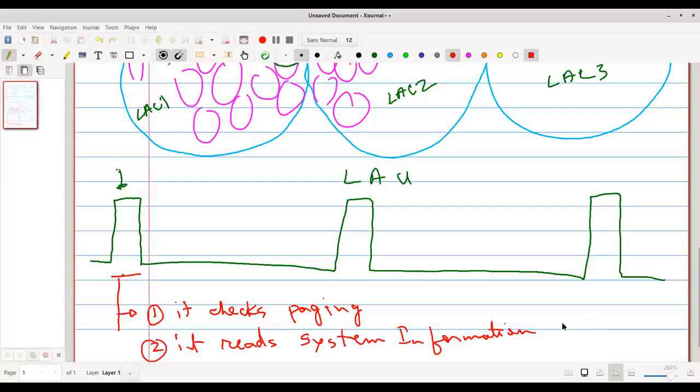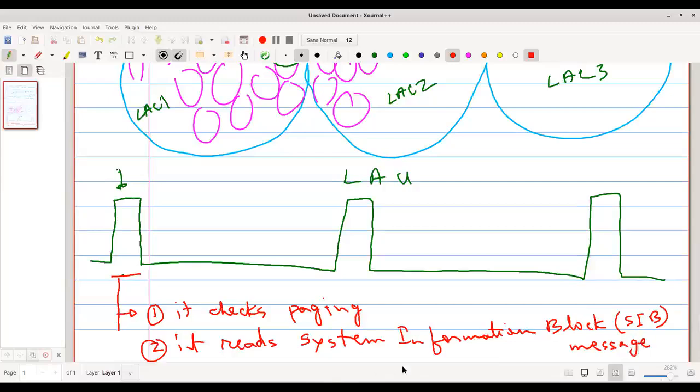These system information messages in LTE, in 3G or 4G, are sent in the form of some block, some message packet, and so they are called SIB. It reads SIB messages. From now on, I will be using the term SIB, not the whole term system information block.